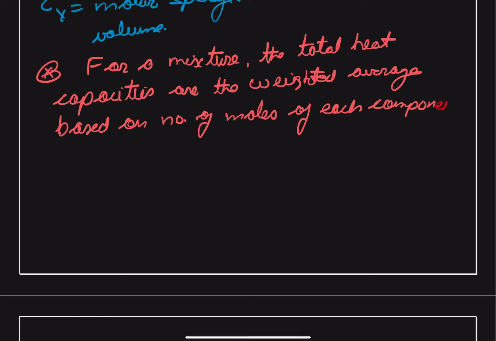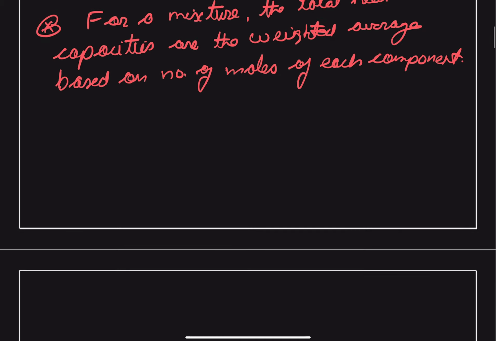So this can be written as Cv for our mixture, mix, will be equal to N1 multiplied by Cv for monoatomic plus N2 Cv for diatomic.